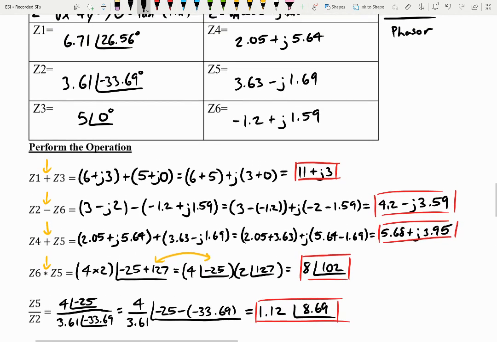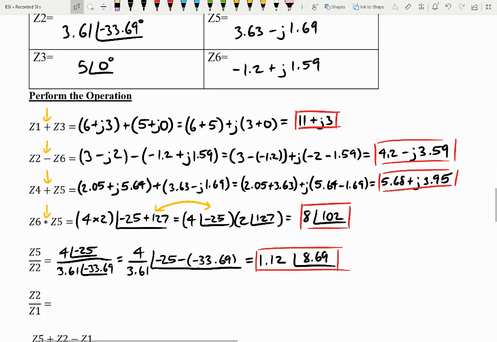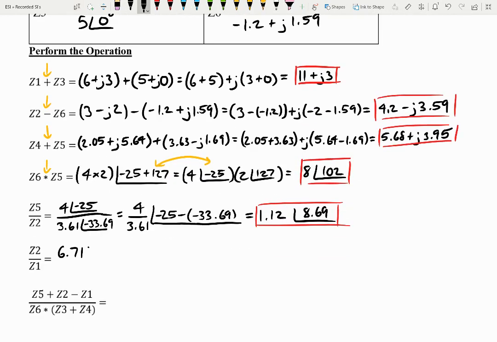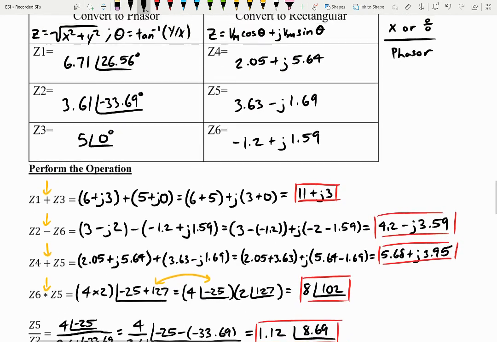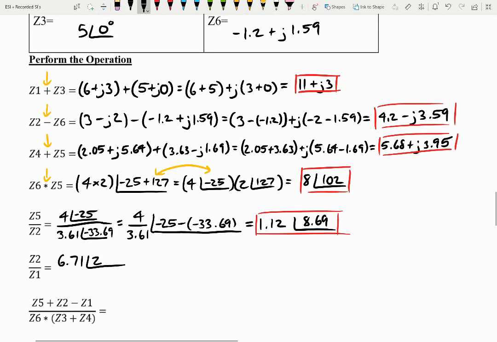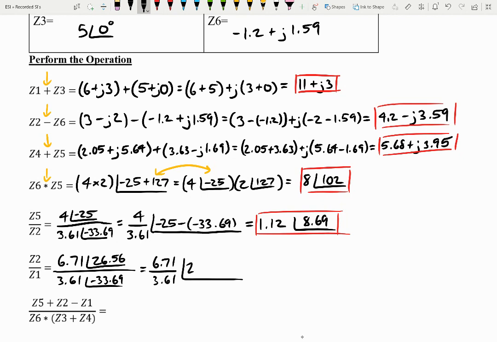And one more division problem. We have Z1 divided by Z2. So 6.71 at 26.56, divided by, sorry for scrolling up so much, Z2, which we said is 3.61 at negative 33.69. So 6.71 divided by 3.61, and 26.56 minus negative 33.69.